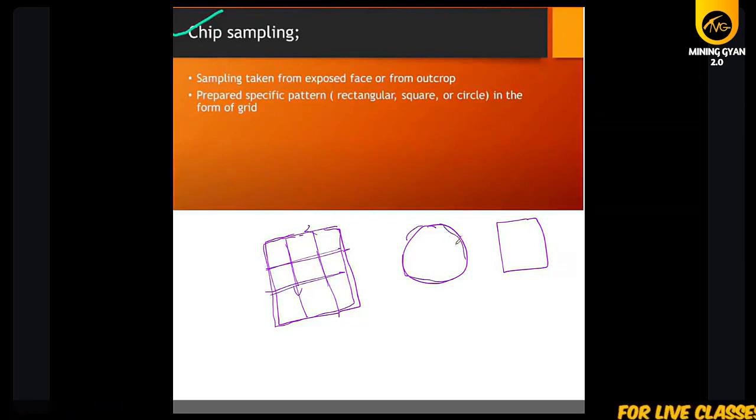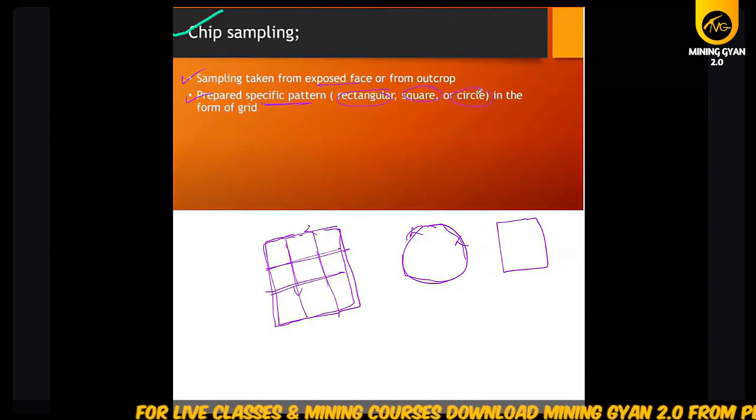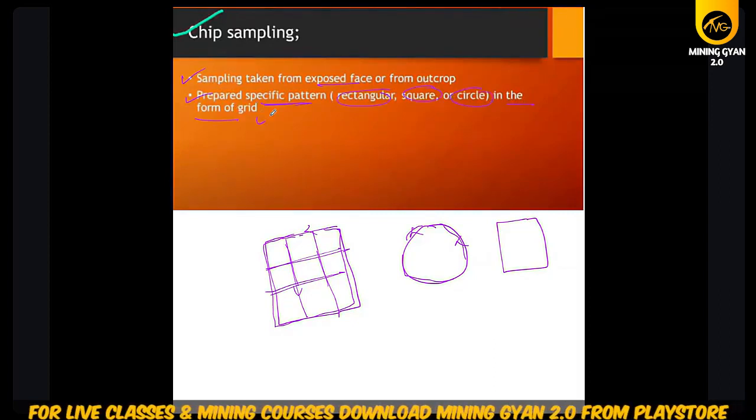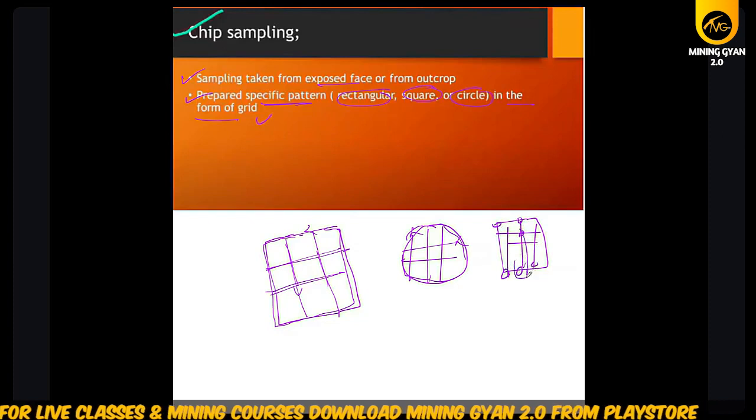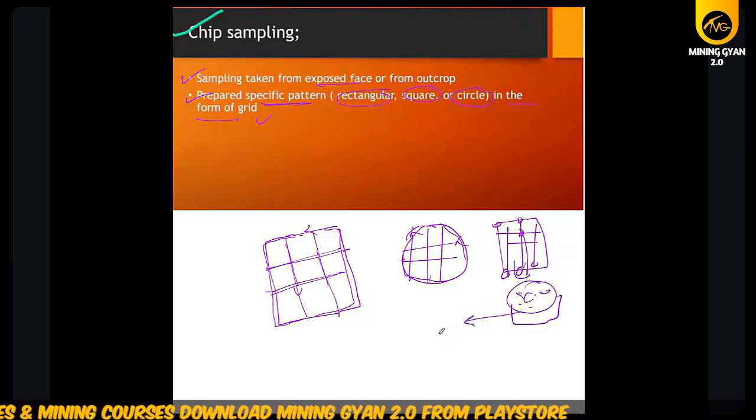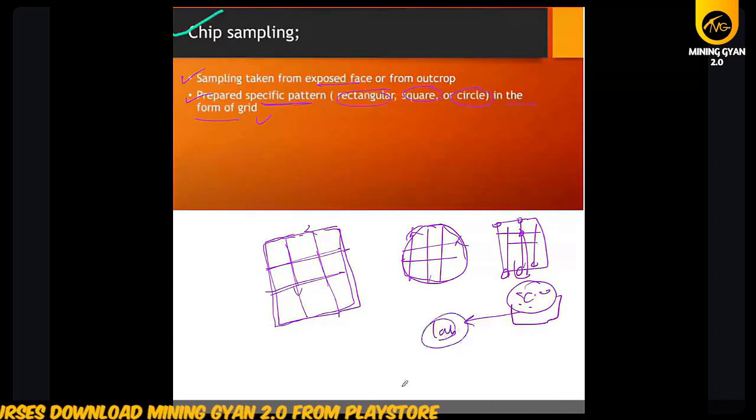So sampling takes place by exposing the face. Okay, face से लेते हैं. Prepare the specific pattern like rectangular, square, circle in the form of the grid. So you can make a grid and take the material from here, here, here, here, and collect that material and take it to laboratory and find out the various properties.